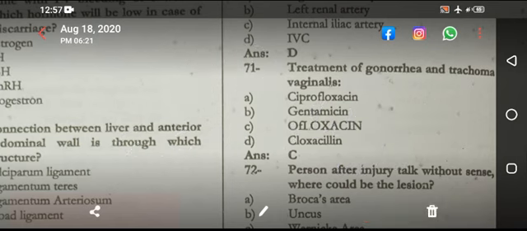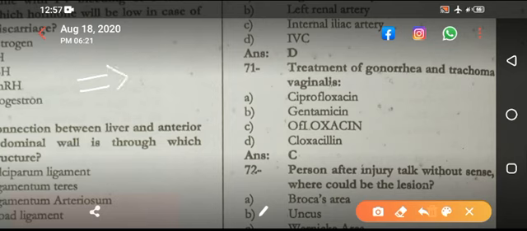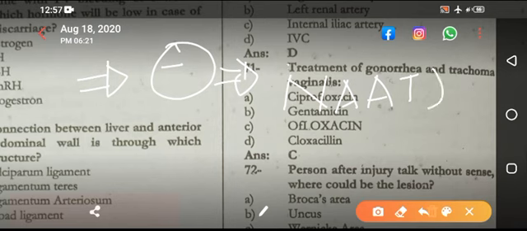Next MCQ. A patient is having pelvic inflammatory disease, or a patient is having per vaginal discharge, and the gram stain is negative. What is the best next step? The answer is nucleic acid amplification test, or you can say PCR.